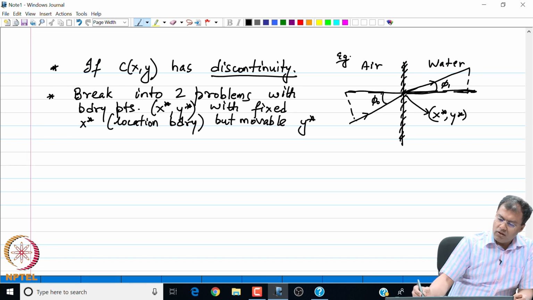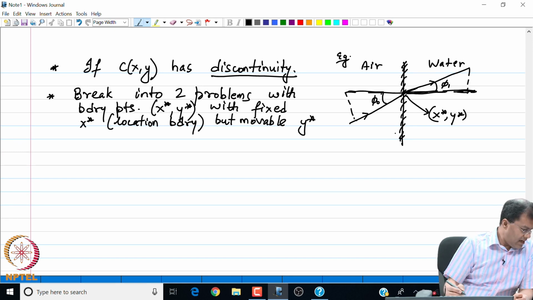So moving the y star is going to change my angles phi naught and phi 1, but my x star, the x component of the location of the boundary, is completely fixed, right.